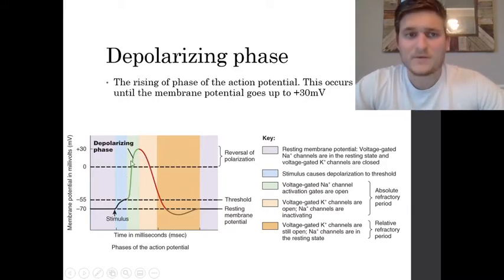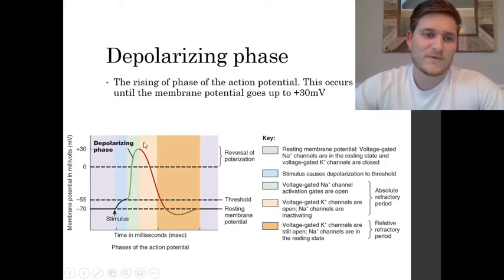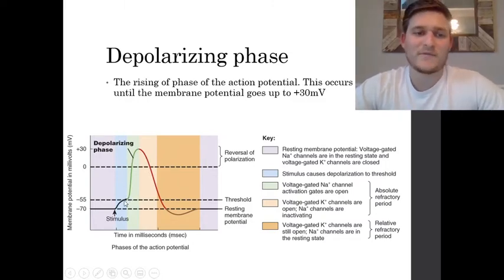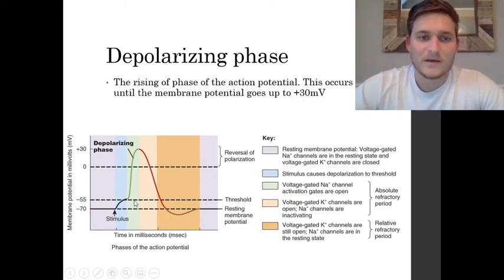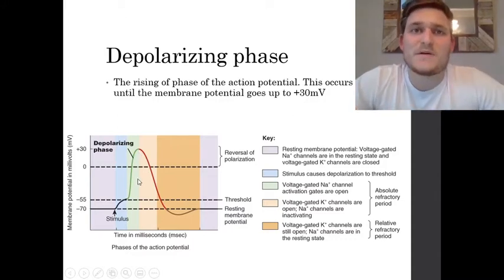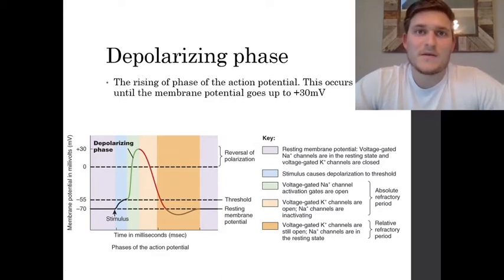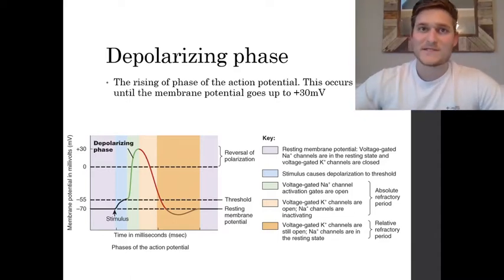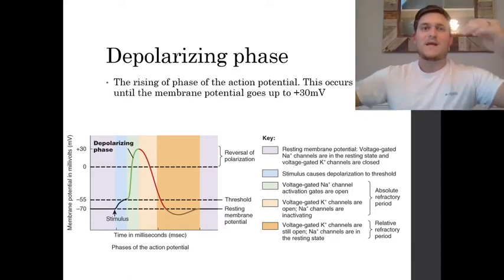And so what is going on during this depolarization phase? How come we're going from negative 55 on our membrane potential all the way up to positive 30 millivolts? And the reason for that is because voltage-gated sodium channels are going to open, which are going to allow sodium to come from outside of the cell, from the extracellular space, into the cell.